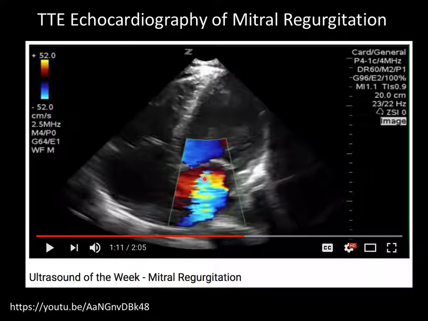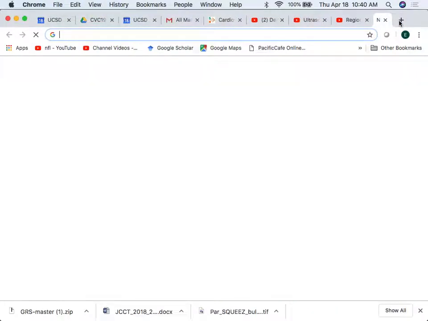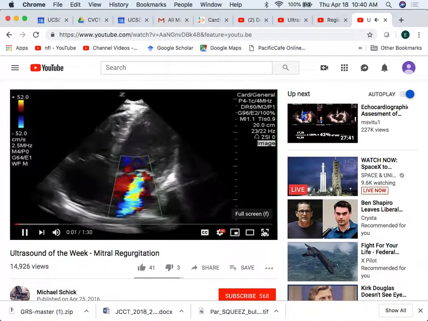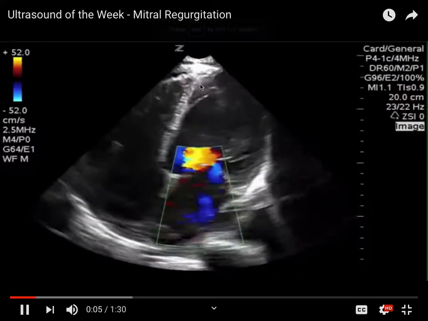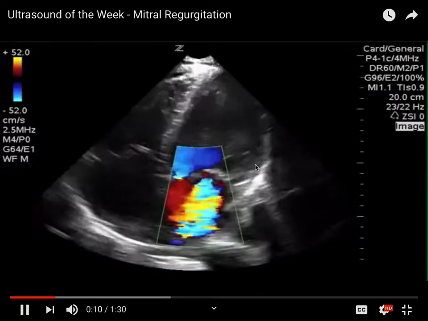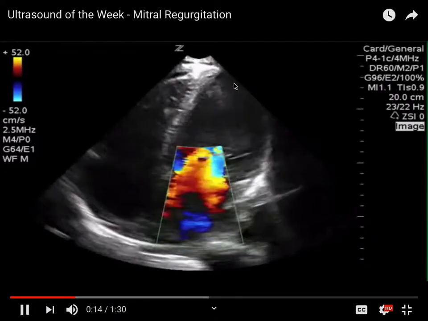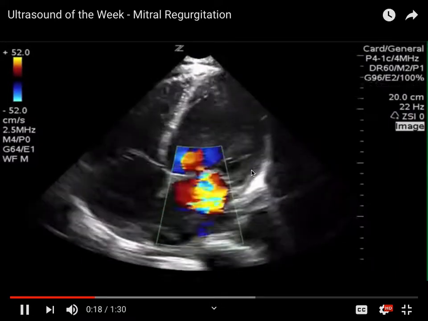And so this is a classic case of mitral valve regurgitation. Let's go take a look at that. Should be up here. Right? So here you can see this is probably functional, because if you look at the left ventricle, it really is not contracting terribly well, i.e. the fraction of the volume of blood left in the left ventricle after it's finished ejecting is very high.